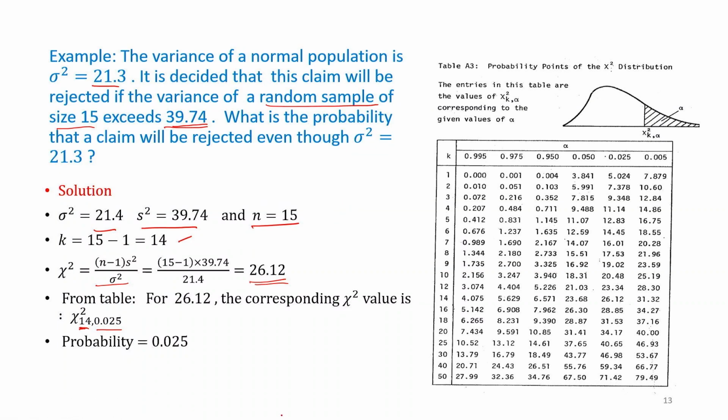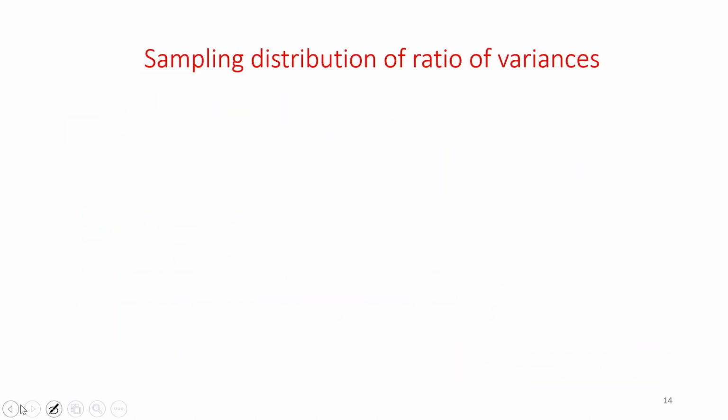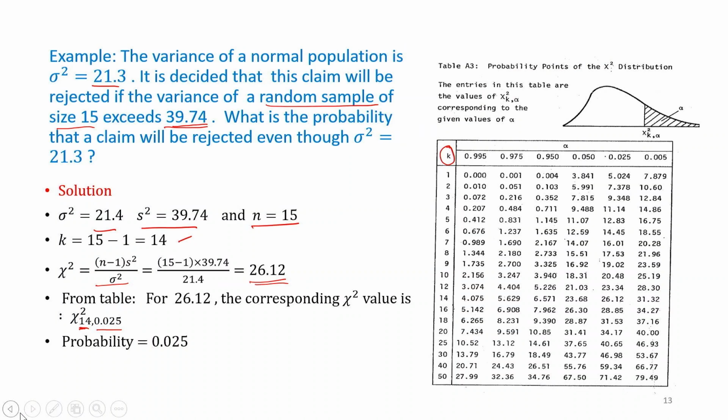Then we have to look at our chi-square distribution table, where chi-square values have been quoted for different values of K. If we try to find it, 26.12 at K equal to 14 is here.